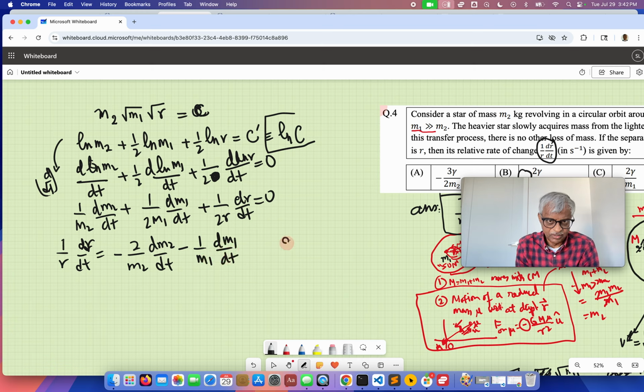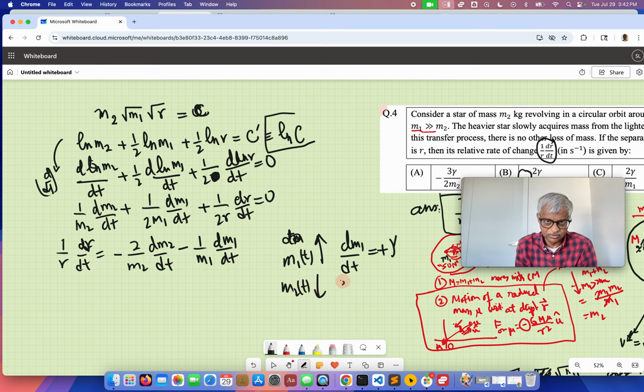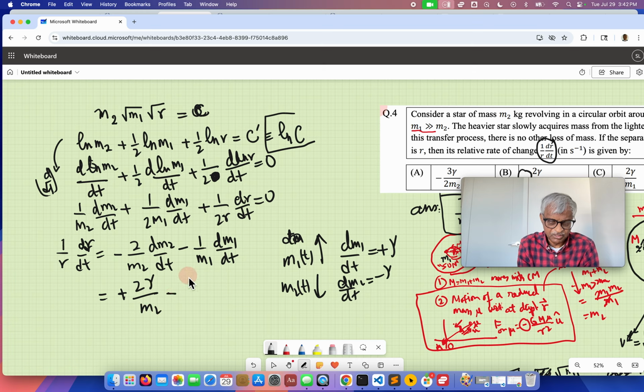Right, now m1 at time t is going up. That means dm1/dt is plus gamma. m2 is going down, so dm2/dt must be minus gamma. So this will become minus minus plus 2 gamma over m2. It will remain minus gamma over m1.